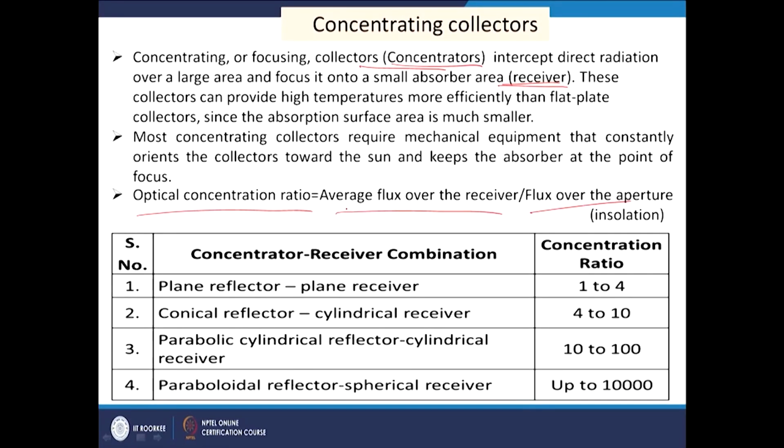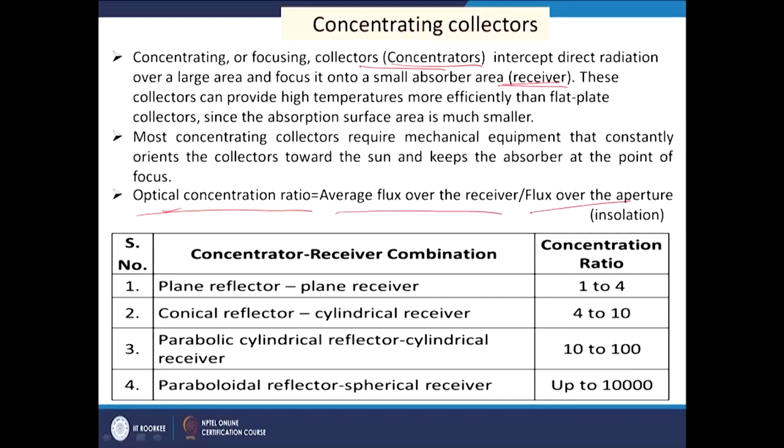So receiver insolation divided by collector insolation is the optical concentration ratio. For this we need some mechanical help, the mechanical design will play a role, and we may need to change the orientation of the collector or equip it in such a way that maximum concentration is possible.